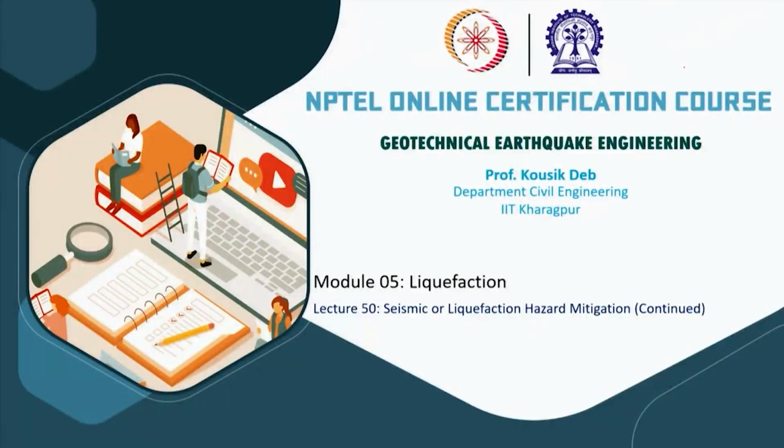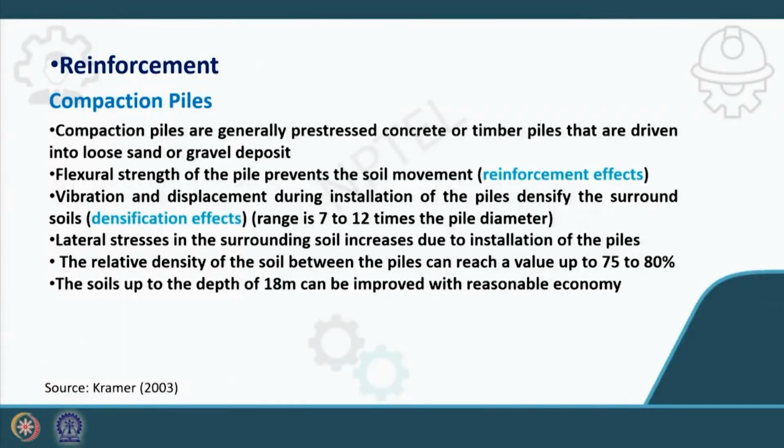I have discussed in my previous lecture about the densification, and there are a few methods by which we can do that: vibro-compaction, blasting, dynamic compaction and then compaction grouting. Now, today I will discuss about the reinforcement.